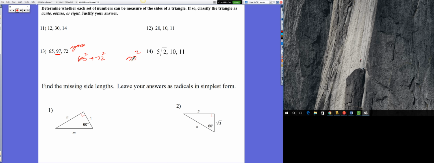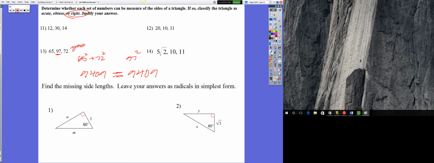Okay, now, this has got to be calculated. 65 squared, add 72 squared. These two total and give you 9,409. 97 squared is 9,409. So when they're equal, that means it's a 90. So it's a right triangle.